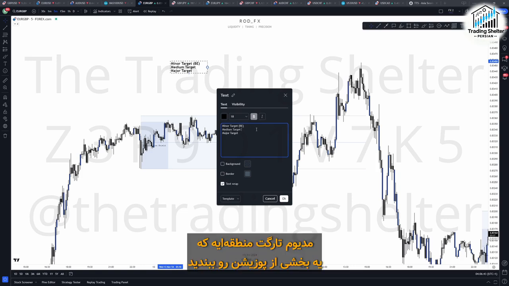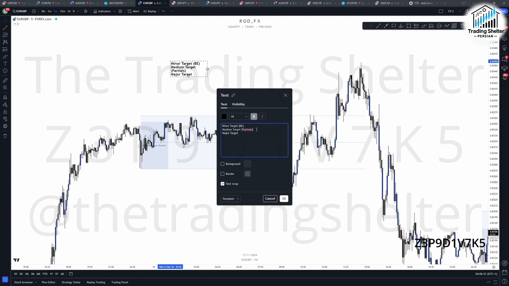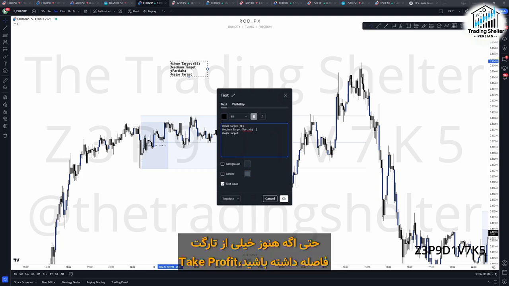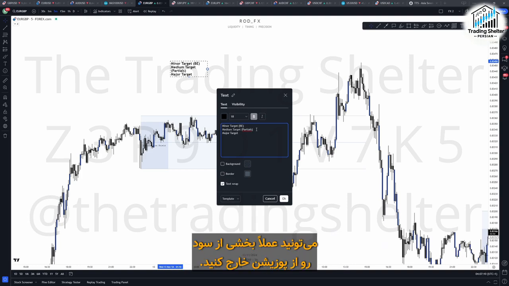The medium target would be the partial area, where you want to be able to close some of your position to secure some money. This is my favorite part about trading: when you're in a trade, even though you're very far from your take profit, you can literally take money outside of your position.